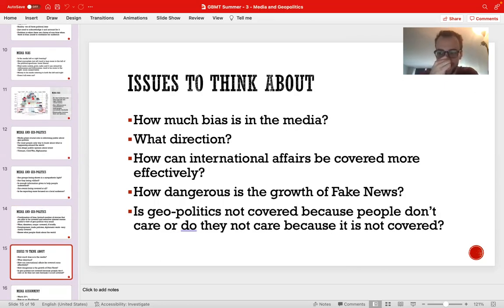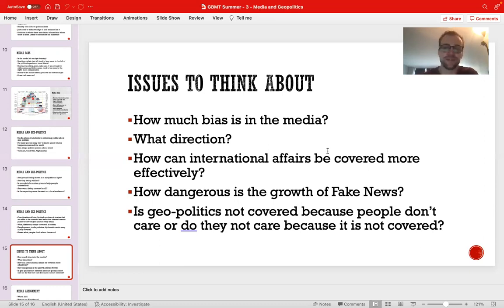So I would like to end today with some things to think about. This is how I would end most of my lectures if we were meeting in person, just some food for thought. So think about how much bias there is in the news media. What direction is this bias? How can international affairs be covered more effectively or in a more unbiased manner? How dangerous is the growth of fake news?